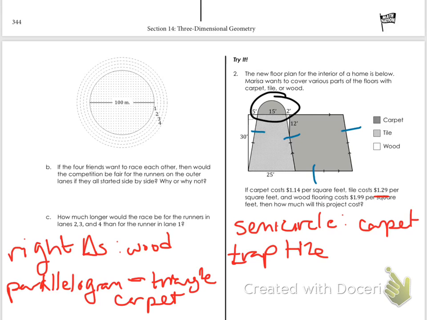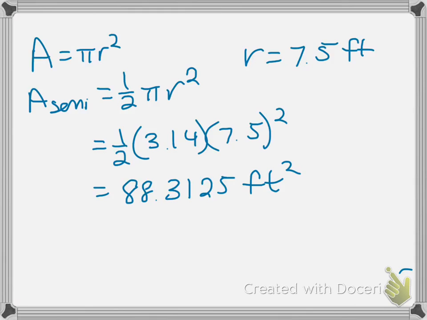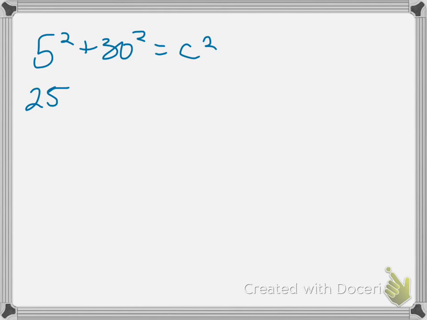So we need to find this side length, and we're going to do that using the Pythagorean theorem. So we've got 5 and 30. Five squared plus 30 squared equals c squared. 25 plus 900 equals c squared.